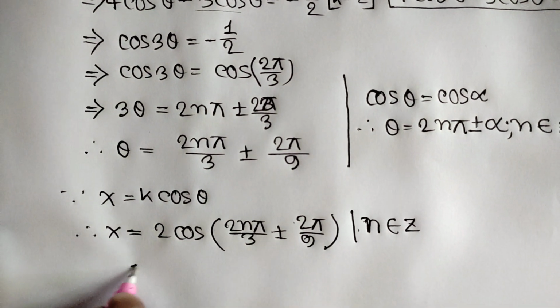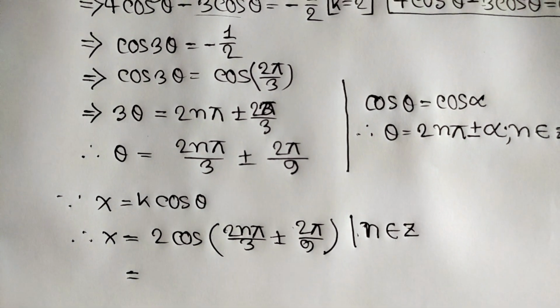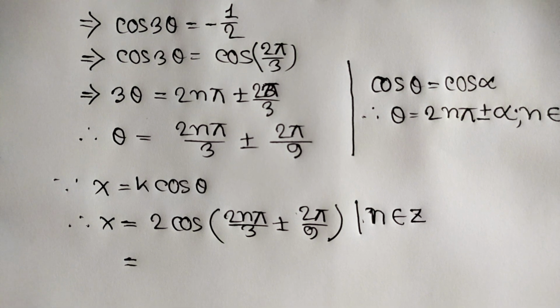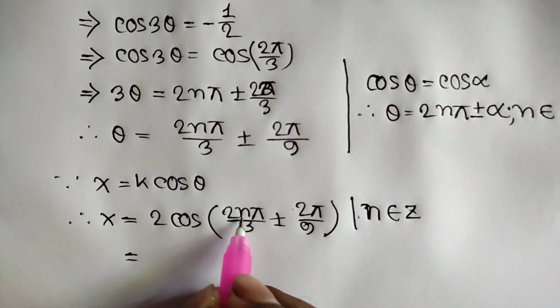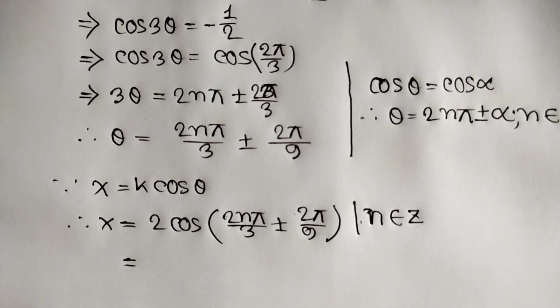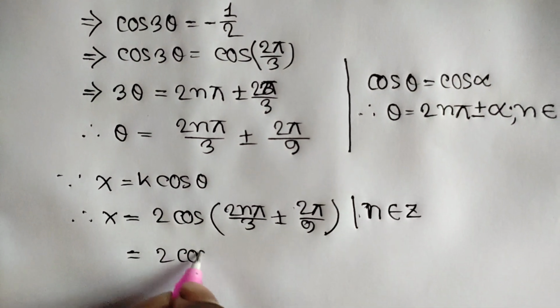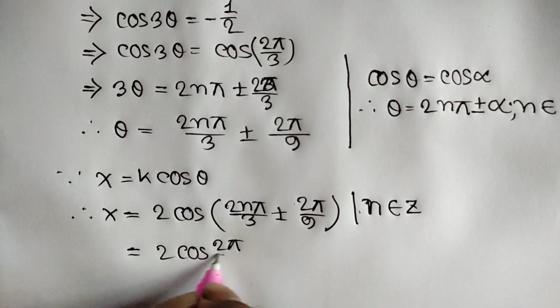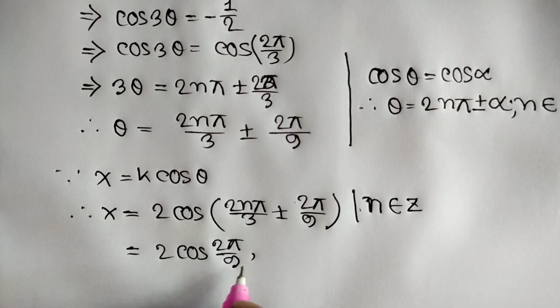So x is equal to, when n is equal to 0, the expression will be 2 cos 2 pi by 9.